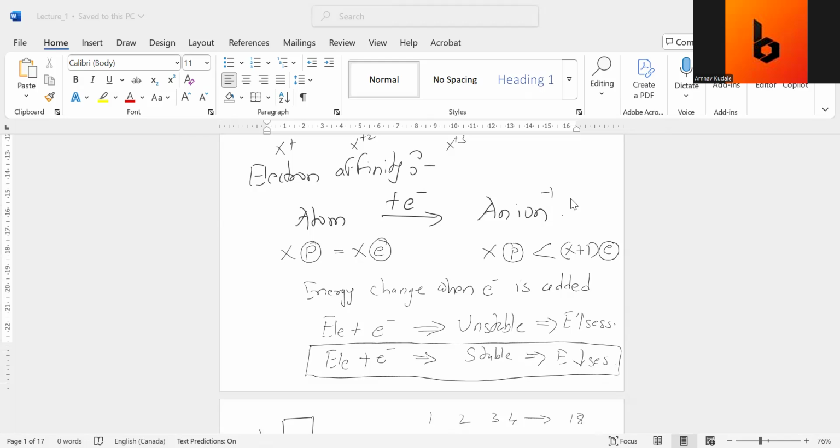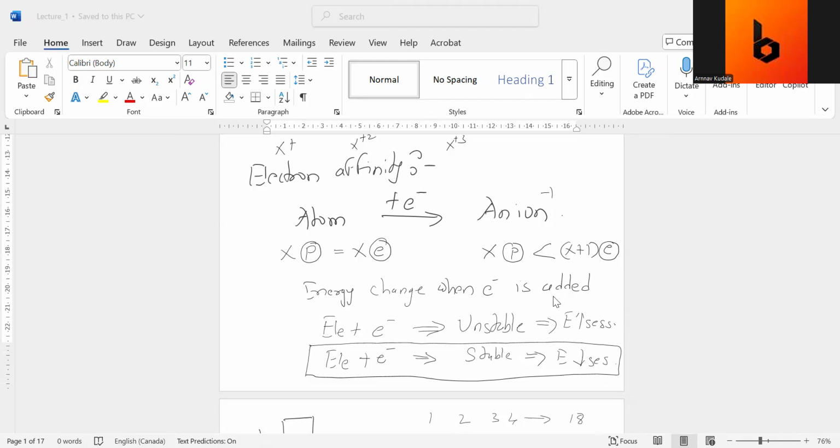You are not looking whether it is a metal or a non-metal. So what is electron affinity? It is the energy change when an electron is added. That energy can be more or the energy can be less.